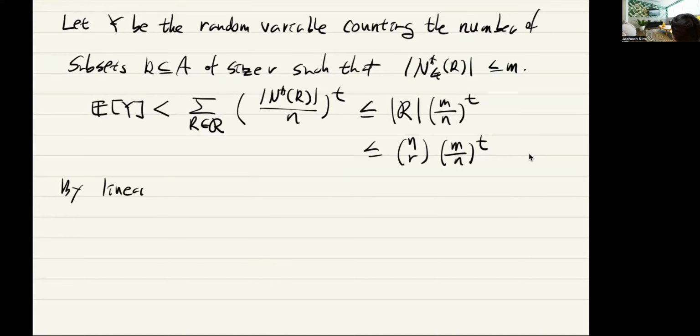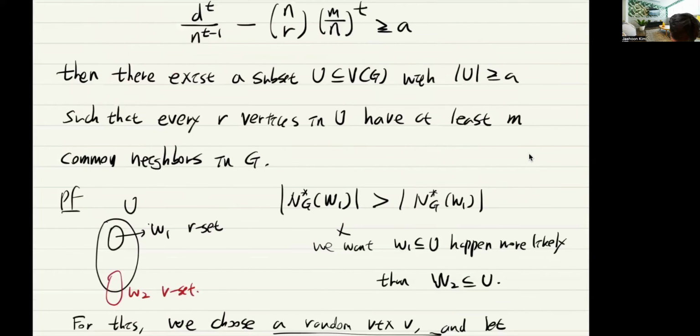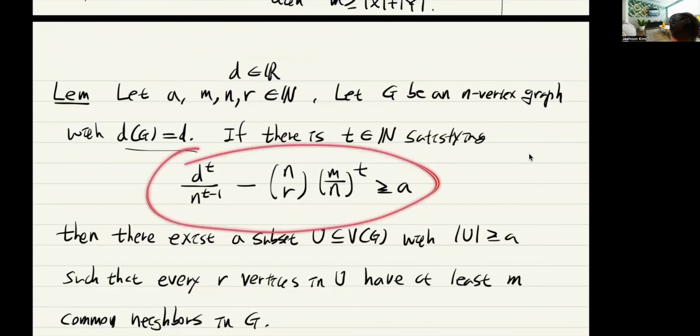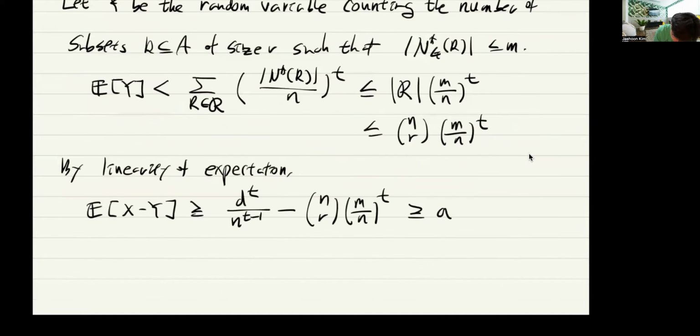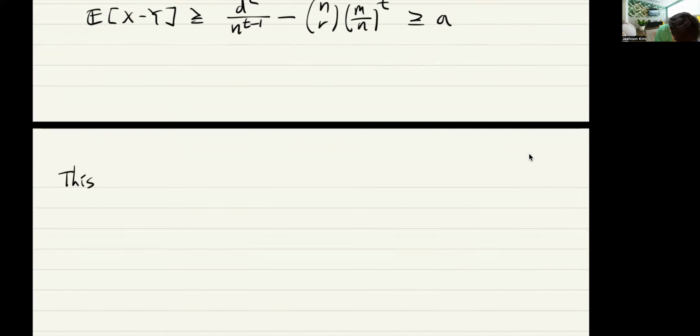Then by linearity of expectation, we can compute the expected size of X minus Y, which is at least d to the t over n to the t minus 1 minus n choose r times m over n to the t. And from our assumption, it is exactly what we get here, that's at least a. Then this uses the deletion method, the alteration method that we learned in the introduction to graph theory course.